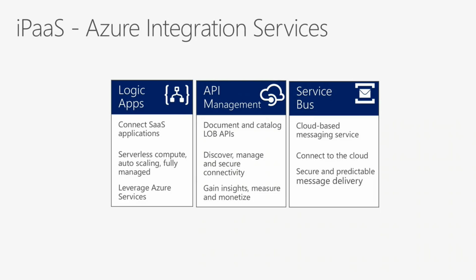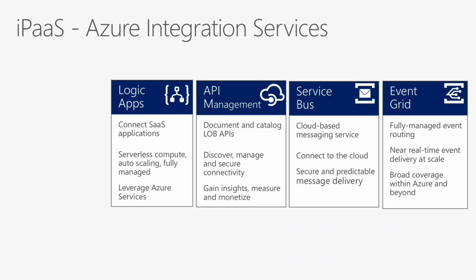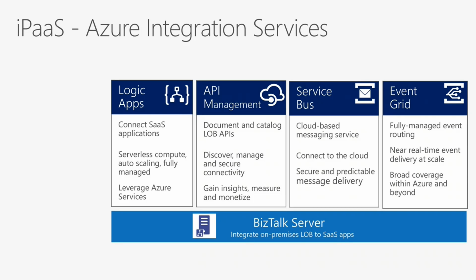And the messaging delivery is predictable and secure. You also have an event grid, which is essentially fully managed event routing, so everything is running at near real time. And if you do have on-prem, you can integrate on-prem line of business BizTalk.